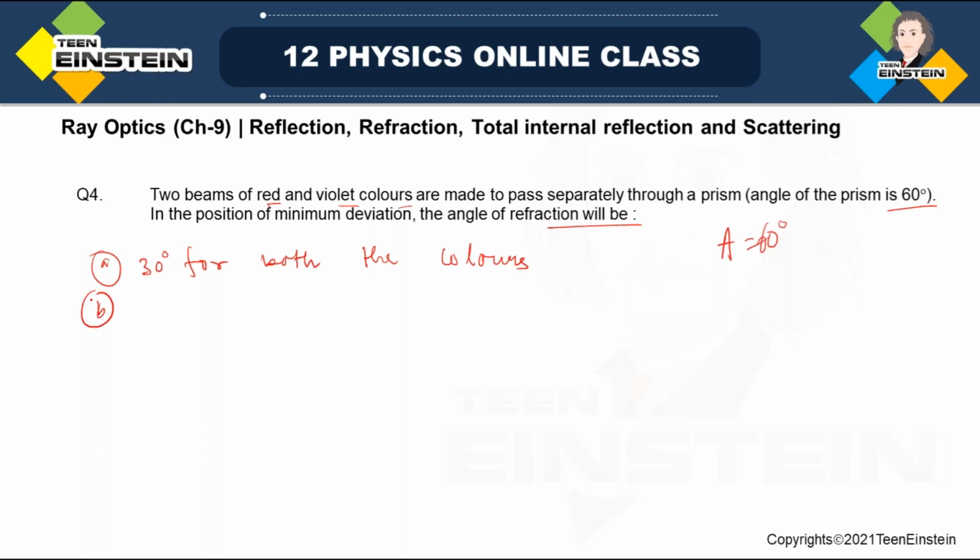First option. Second option is greater for the violet color. Option C is greater for the red color.